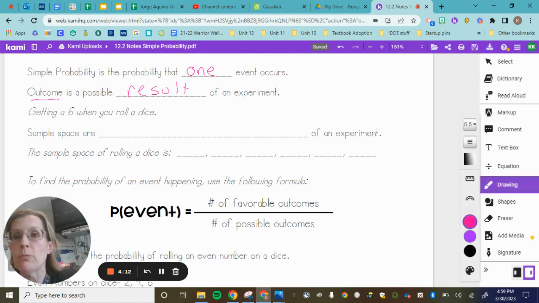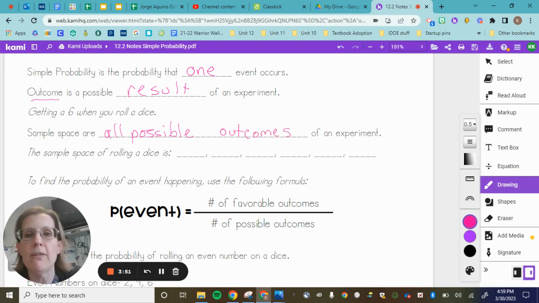Sample space is what we're really going to talk more about in the next lesson, in lesson 3. But sample space are all possible outcomes of an experiment. So that's everything that could happen.